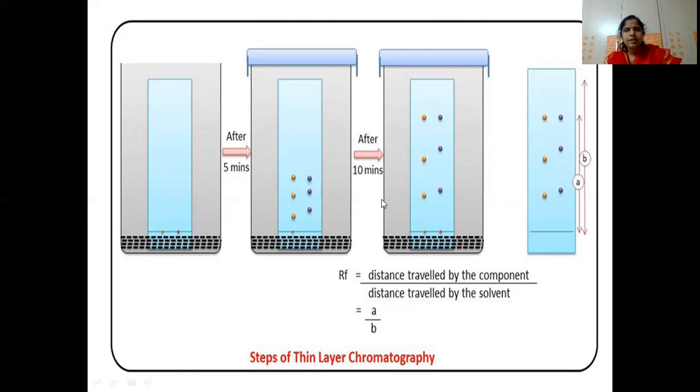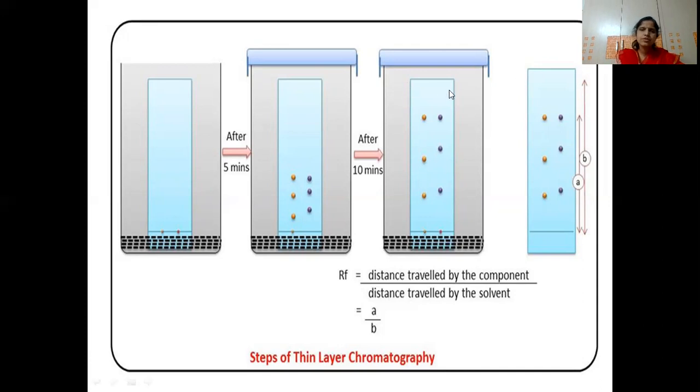After another 5 or 10 minutes, you can see the separation between the spots is larger. After the solvent has traveled up to 3/4 of the slide, we have to remove the slide using forceps. Open the lid, remove the slide and just place it outside. Within 2 or 3 minutes, it will get dried.